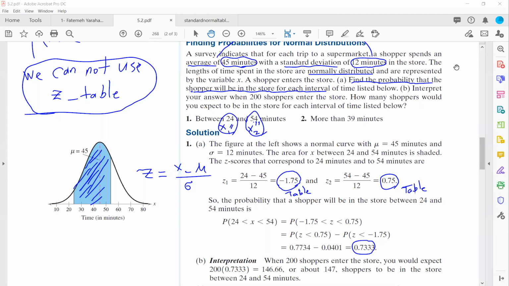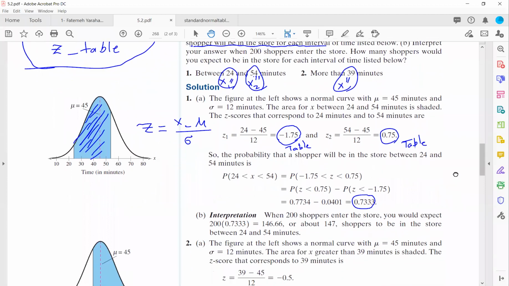Very well. Part 2 says, what's the probability that x is greater than 39 minutes? Okay, this is x. Again, we cannot use ZTable. First, you have to convert your x into z to use ZTable.